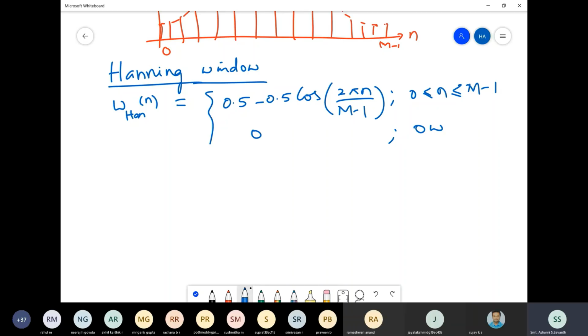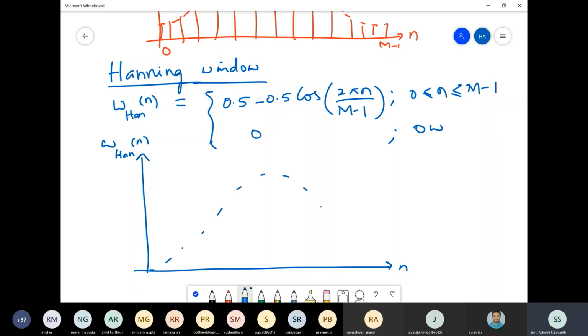So the Hanning window also has a bell shape, or Gaussian shape, but the first and the last values are zeros.